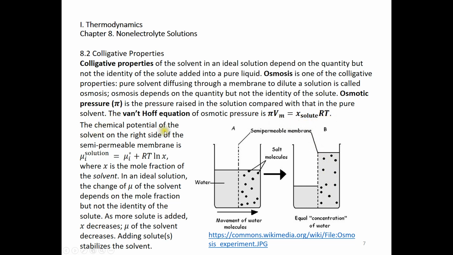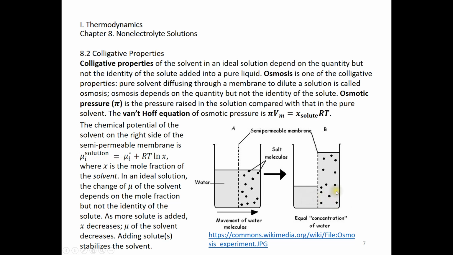The chemical potential of the solvent on the right hand side of the semi-permeable membrane is this. It's mu sub i in a solution equals the chemical potential of pure i plus RT times the natural logarithm of X. You can see when the mole fraction of i decreases, its chemical potential decreases.